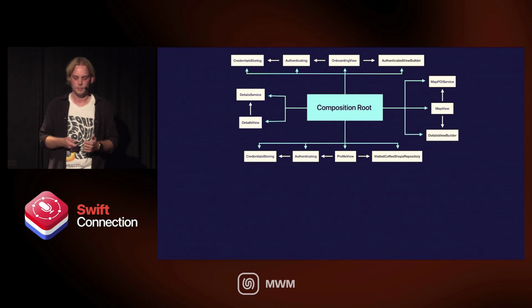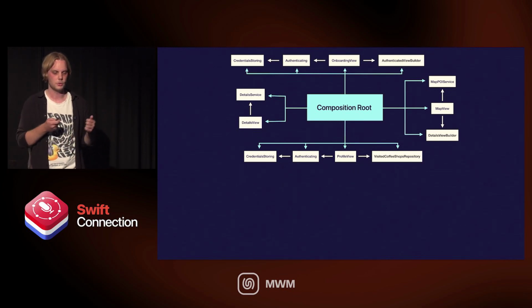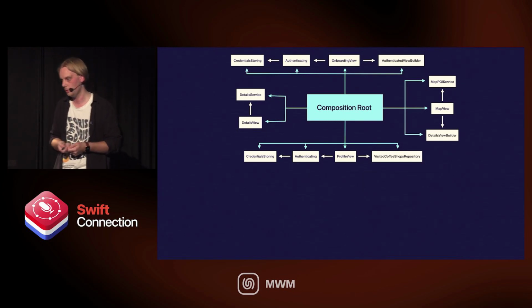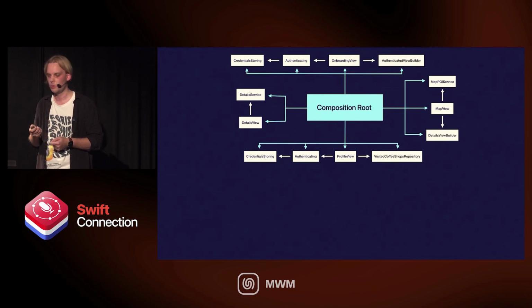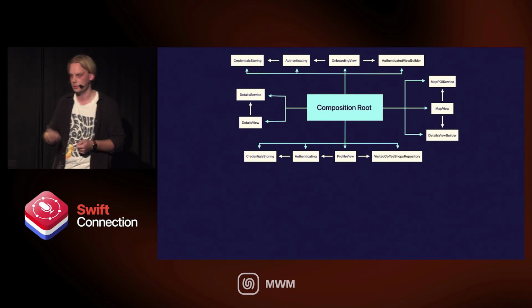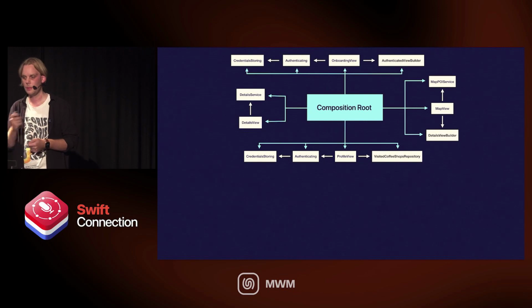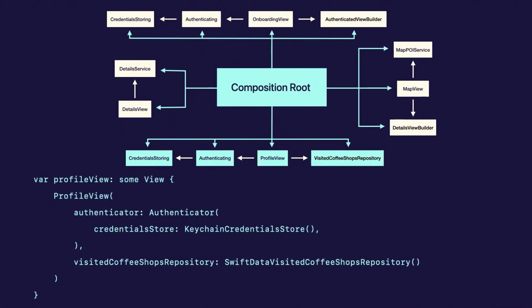So as I mentioned earlier, this composition root consists of consumers, sorry, composers, and we'll see our first composer. And this composer is a property. This property is called profile view, and it returns some view. In this case, it returns a profile view. In other words, it creates a profile view.